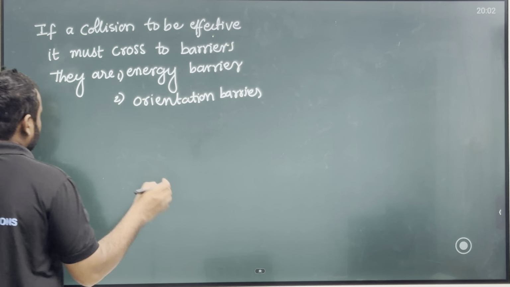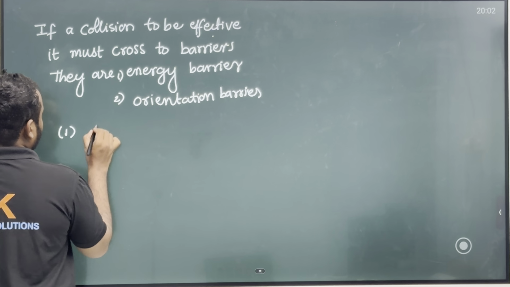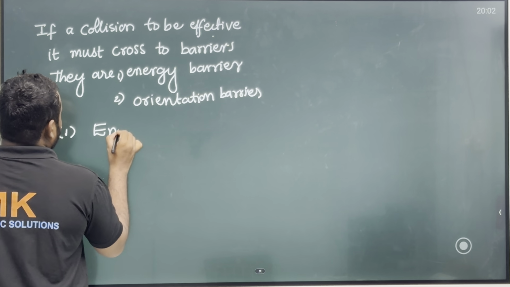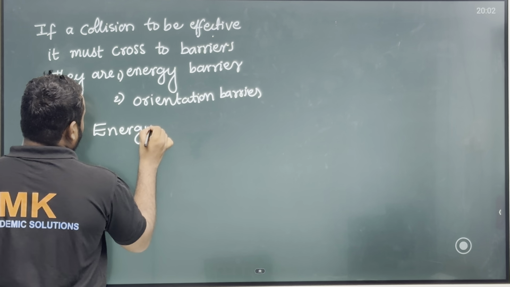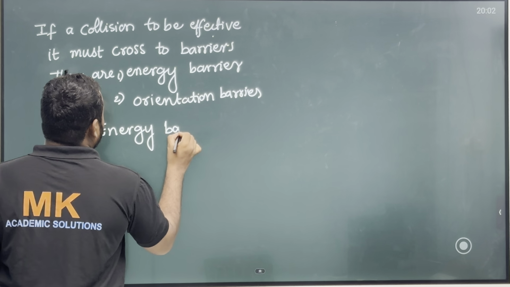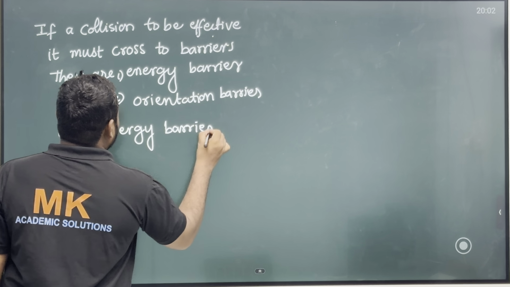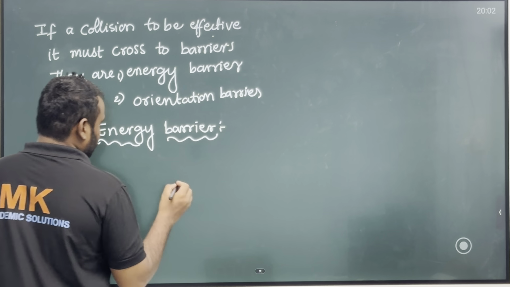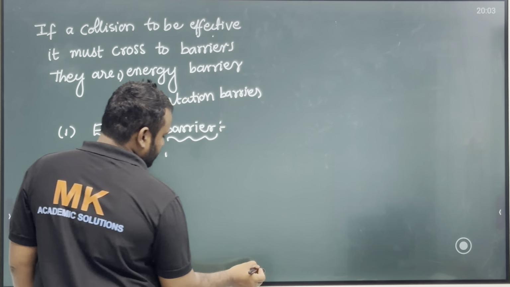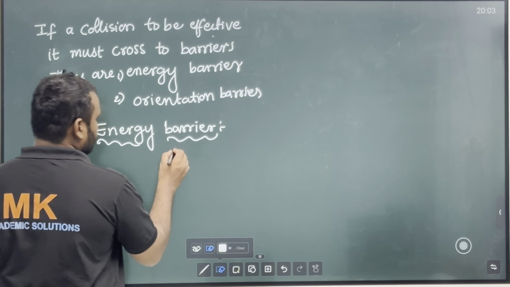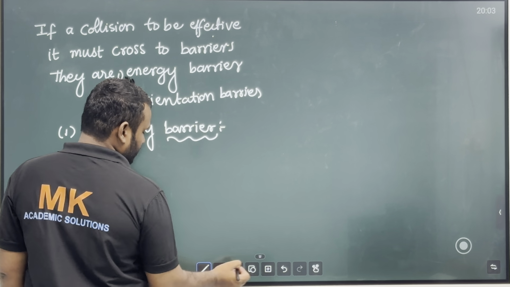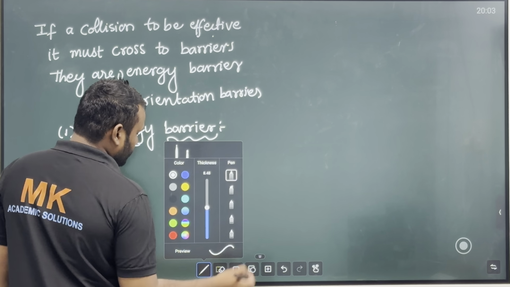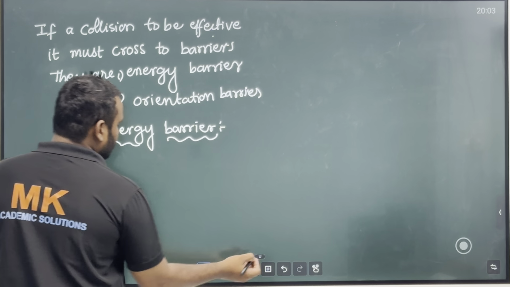The first one is the energy barrier. What is the energy barrier? You can understand it directly by using the graph.